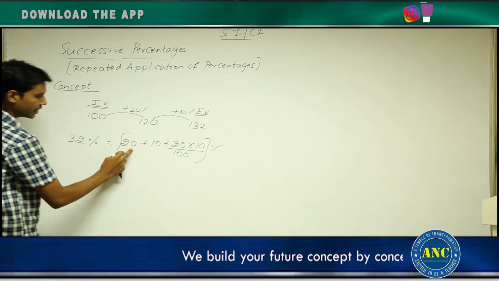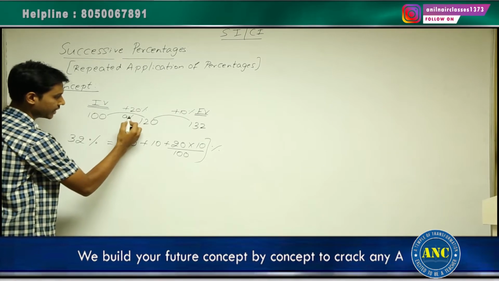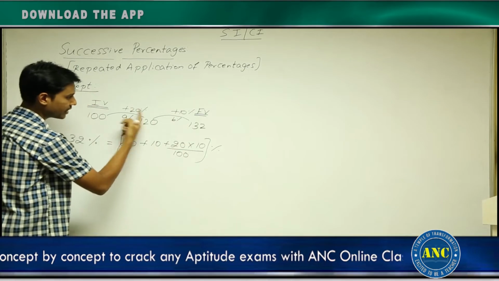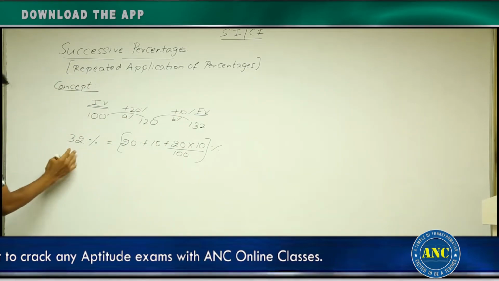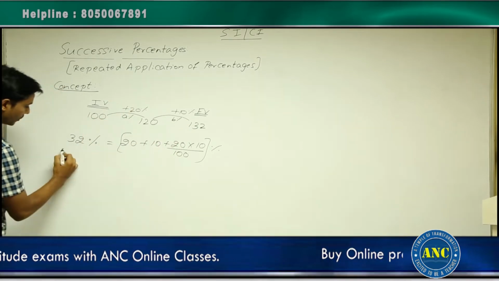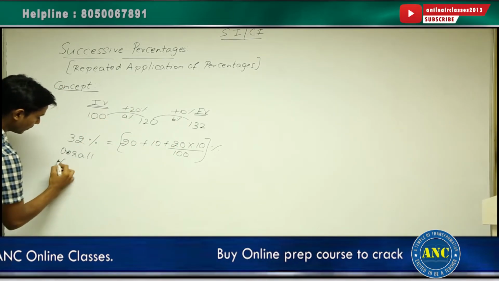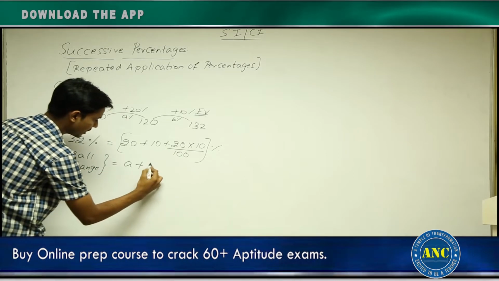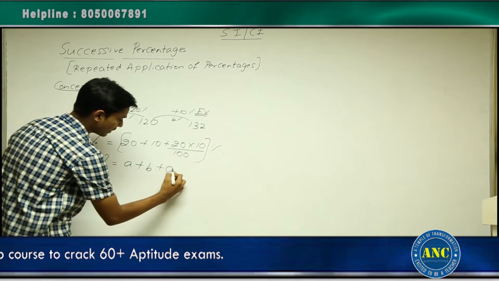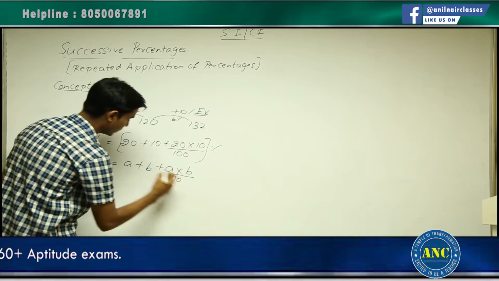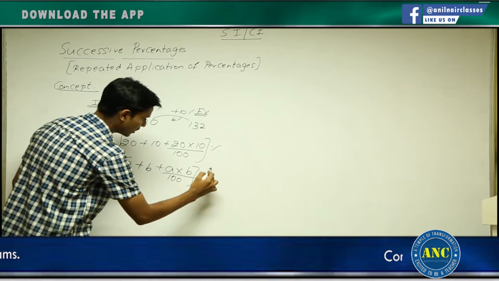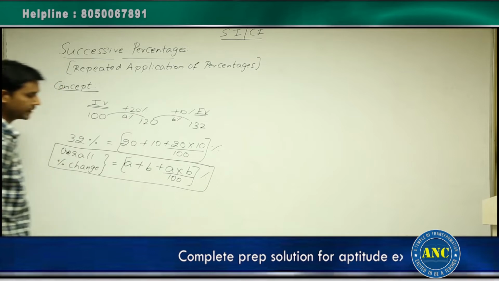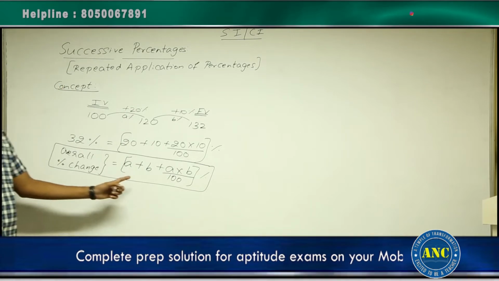Right? That means, if I call this 20% as A percentage and this 10% as B percentage, 20 is A, 10 is B. 32% is the overall percentage change. Overall percentage change is given by A plus B plus AB by 100%.